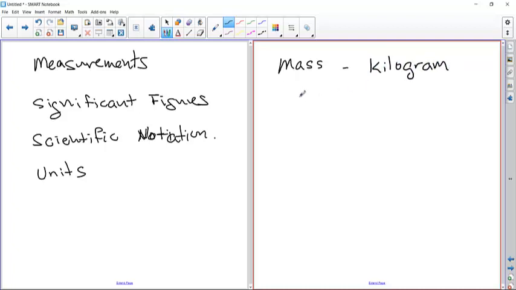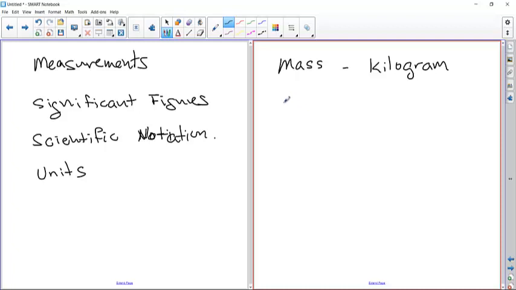In chemistry, you use grams as the basic unit. We use kilograms. It's just that in terms of what you're dealing with, things tend to be more likely to be a kilogram than a gram. So if you did everything in grams, you'd end up with numbers 1,000 times bigger.